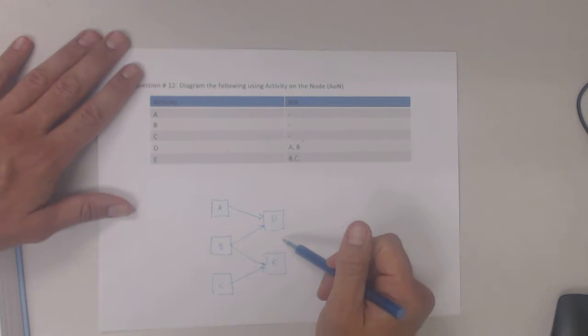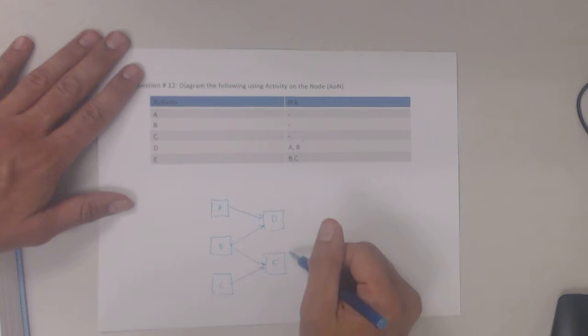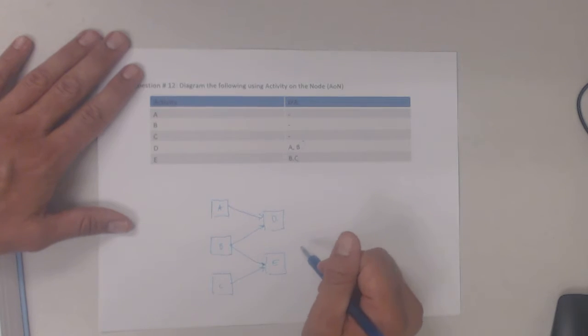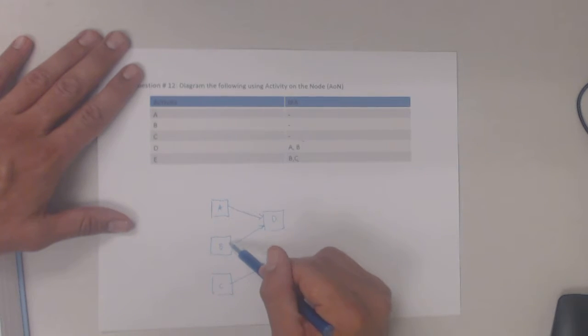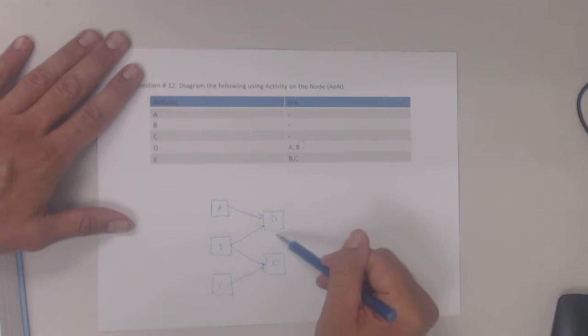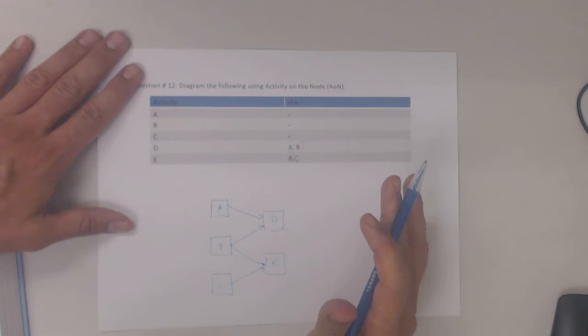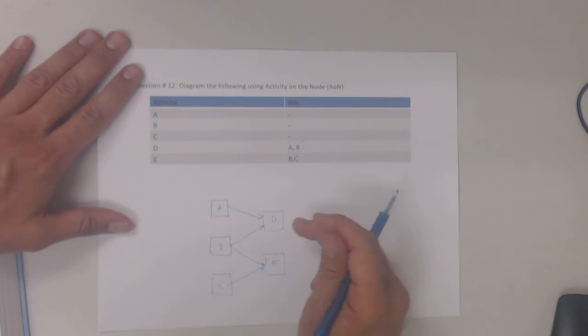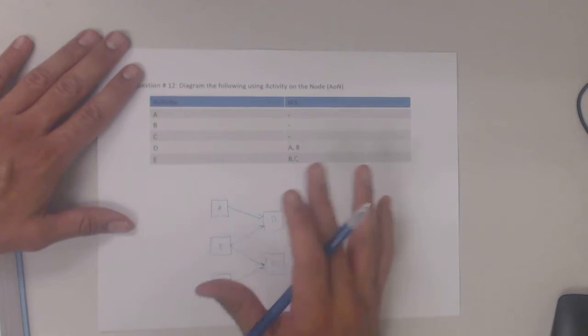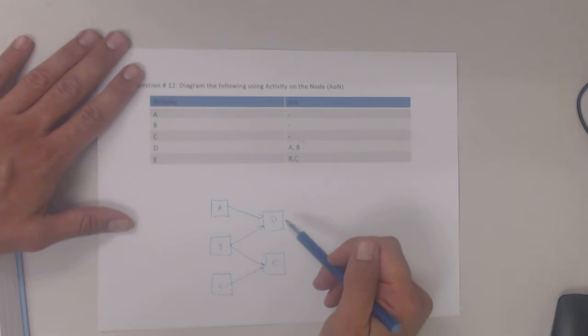Now, if you've gotten this far and you think you're done, you're not only not complete, but you're wrong. The reason you're wrong is because I've got three activities starting off the sequence and two ending the sequence. It's crucial, especially when we get into critical path, that if I've got two finish dates, it's going to totally mess up my critical path calculation.